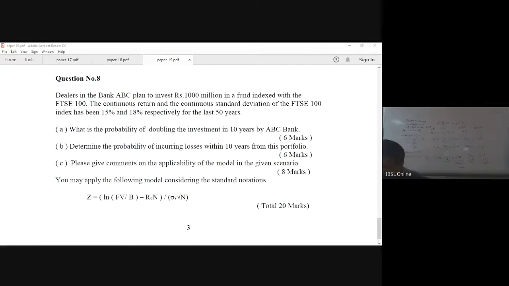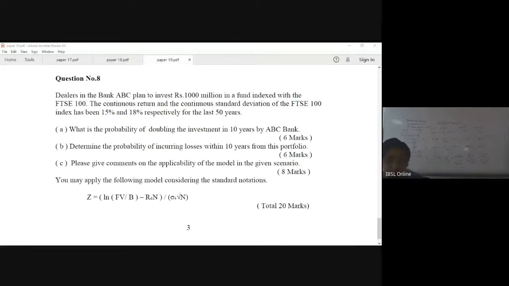Right. Now you need to get the normal curve table and get the probability value. Minus 2.64 comes to 0.0041. Now what should be the answer?